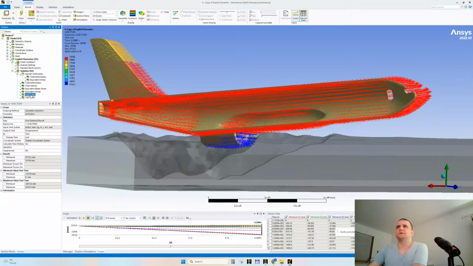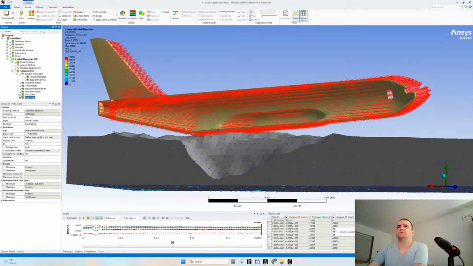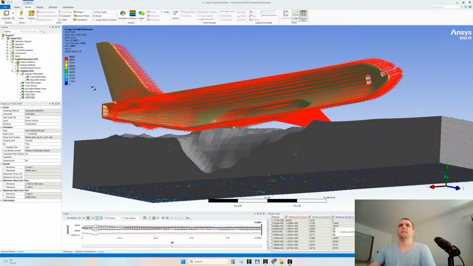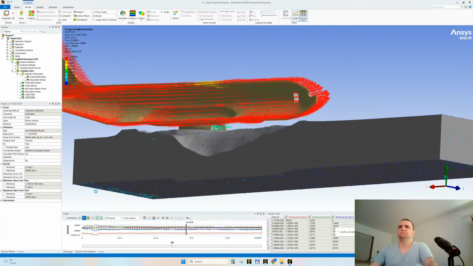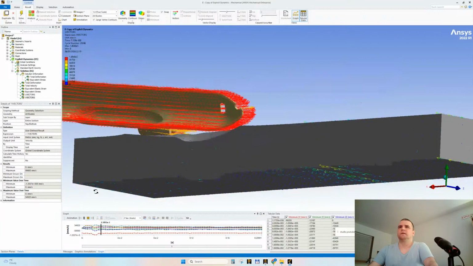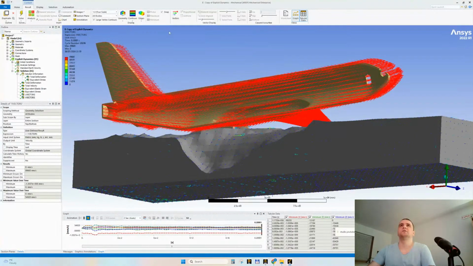Which one is more interesting? Let's also put these ones, because maybe they do not tell you too much at this scale. If they do not tell you too much, you can edit them.